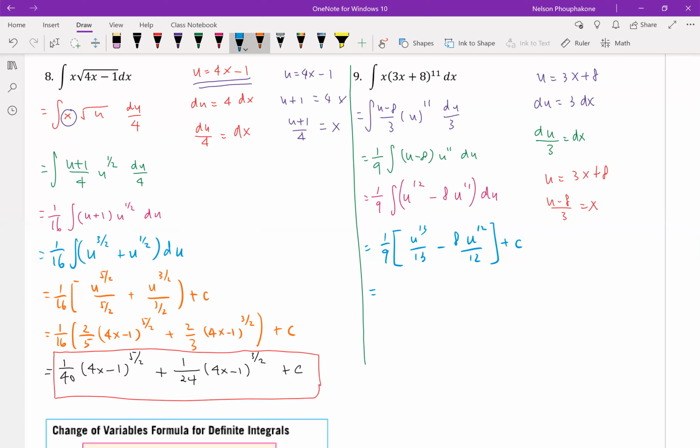And now I will have 1/117 times (3x plus 8) to the 13 power minus 2/27 times (3x plus 8) raised to the power of 12 plus c.